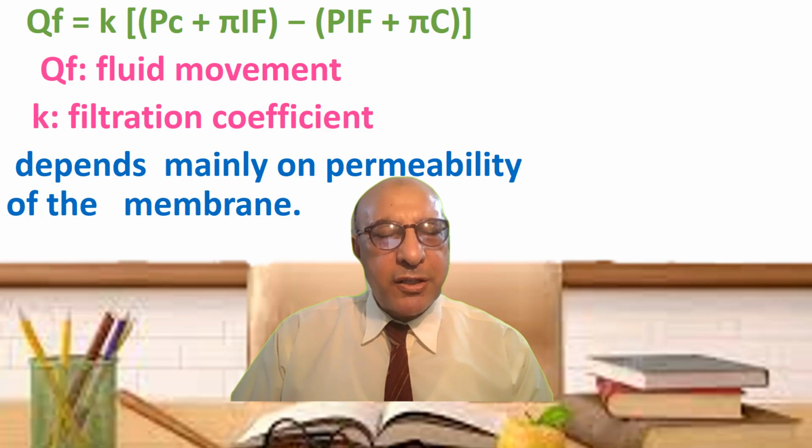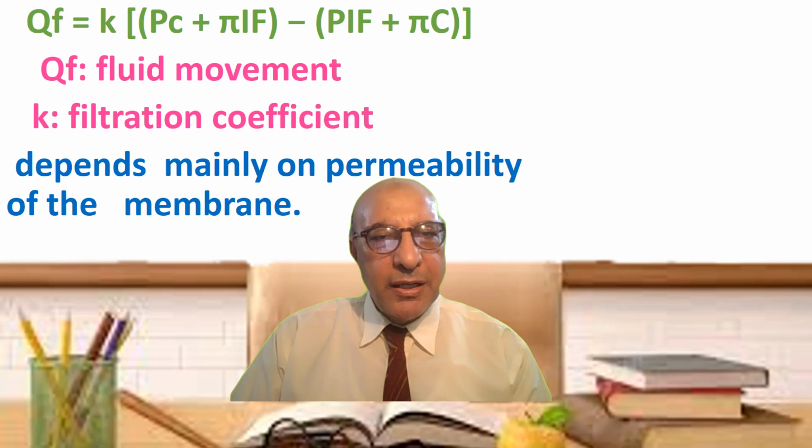The hydrostatic pressure is pushing fluid out of the capillary, while the oncotic pressure of the interstitial space is pulling fluid from the capillary to the interstitium. They are working in the same direction, summing to each other, increasing the force pushing the fluid out of the capillary to the interstitial space. Against this summation, we have another force.